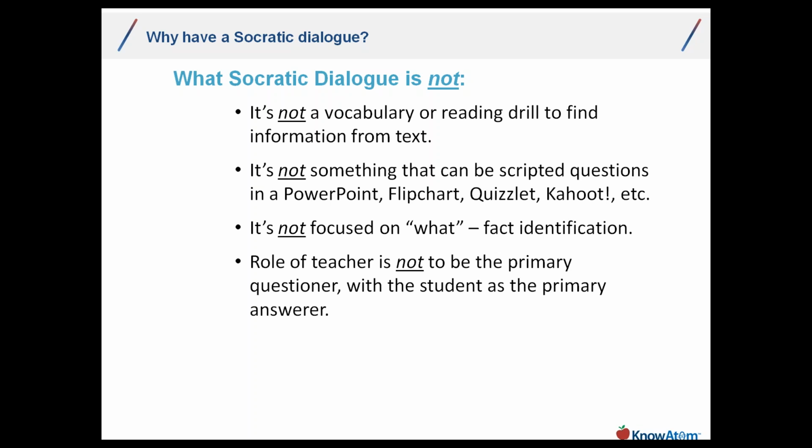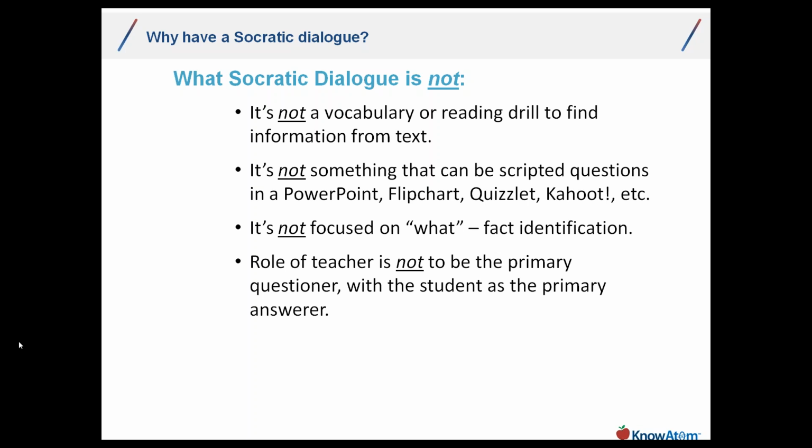Number 4, the role of the teacher is not to be the primary questioner, with the student acting as the primary answerer. The goal here is for students, again, to develop the skill to be able to question themselves, to question each other, and to also answer their own questions and the questions of others using concept to concept, concept to self, concept to world connections, and also, most importantly, evidence.